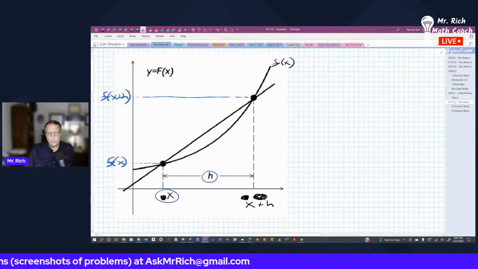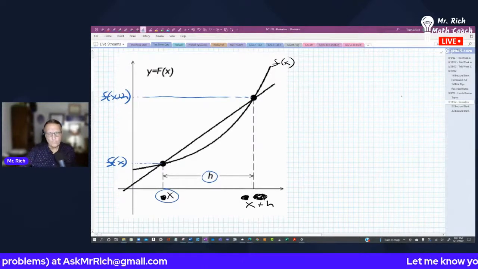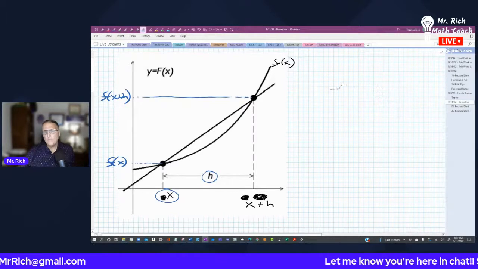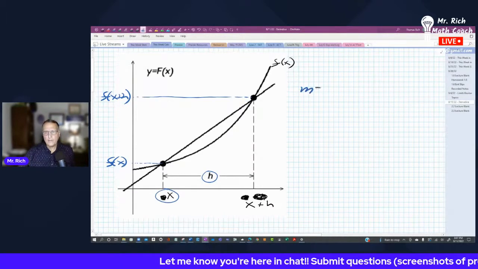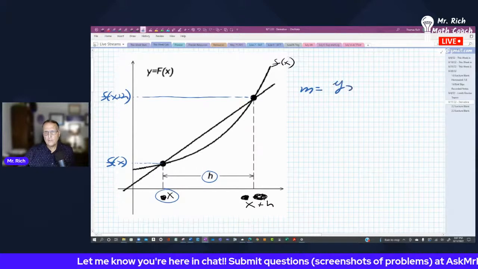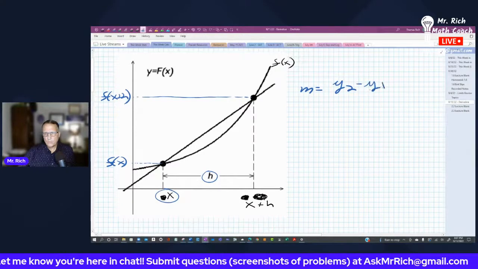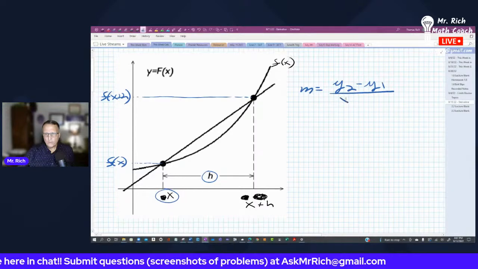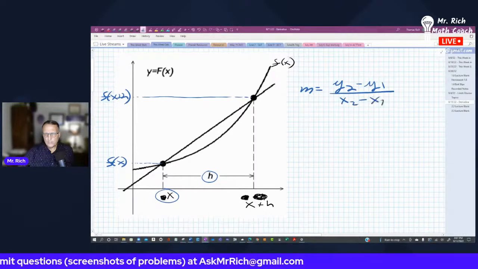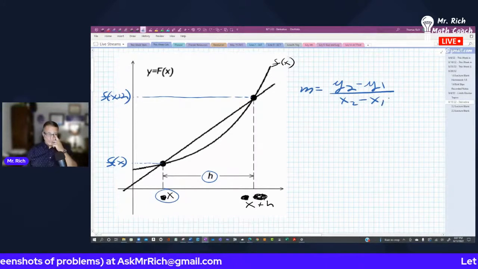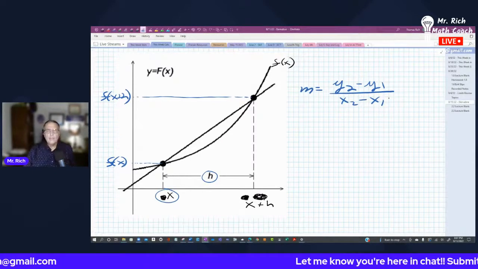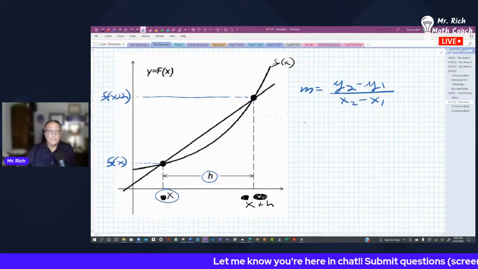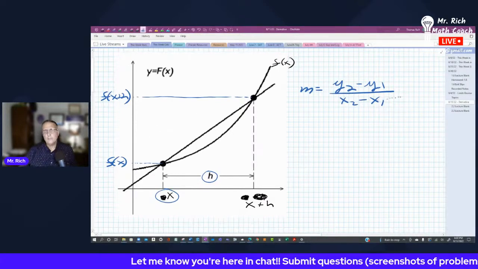Now, the slope equation is pretty simple. You've known it ever since you were probably in 7th or 8th grade. The slope of a line in the xy plane is written as y2 minus y1 over x2 minus x1. So if I know 2 points on a function, I can get the slope of the secant line just by using that equation.